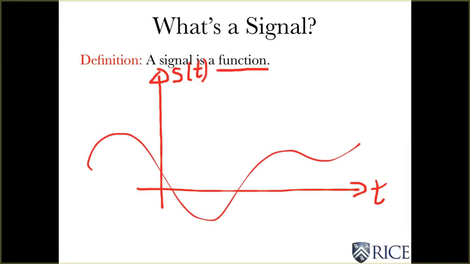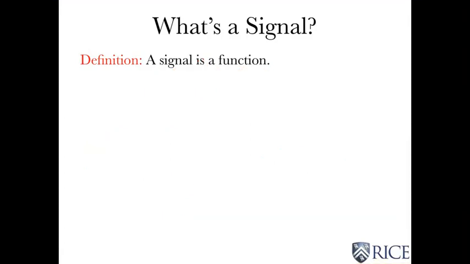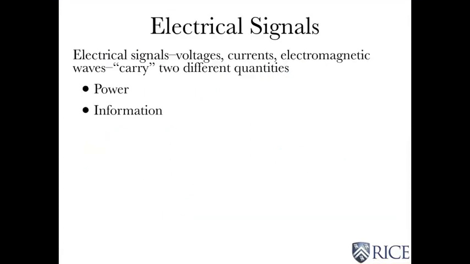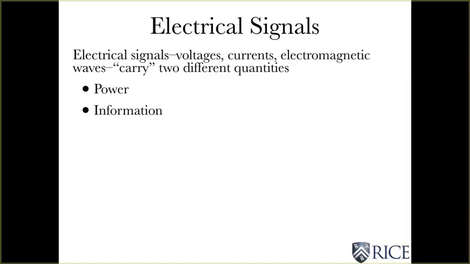It's just a function. And before we get too far, I want to talk about electrical signals. And there are some interesting aspects of electrical signals that have proven to be very important in the information age. As you know, electrical signals are voltages and currents and electromagnetic waves. What's very important to appreciate is that they carry two different quantities.